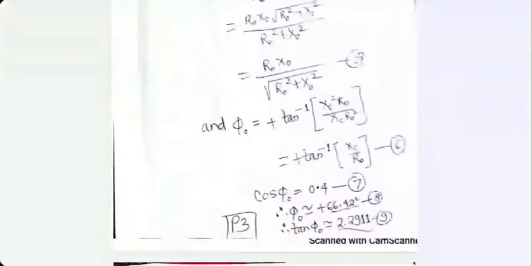So we know that cos phi naught is 0.4 in this case. So phi naught will be cos inverse of 0.4, which is around 66.42 degrees. And tan phi naught can be calculated as 2.2911.